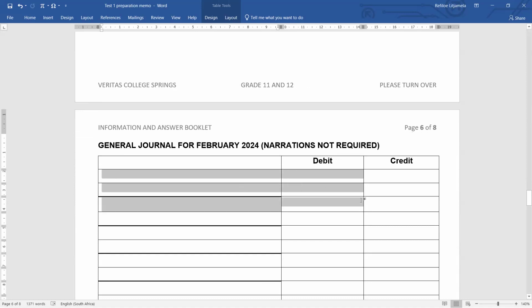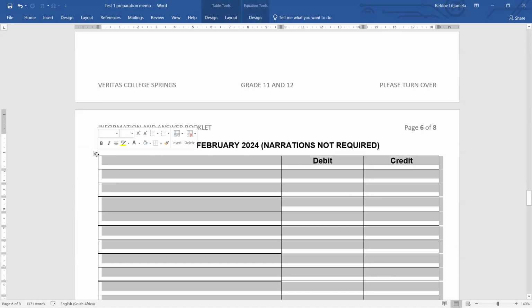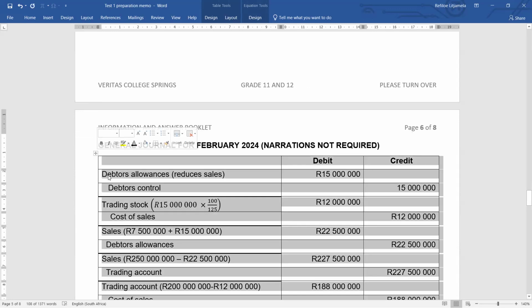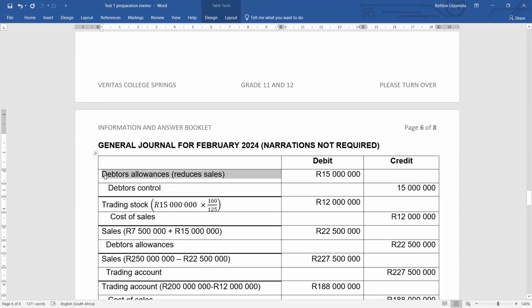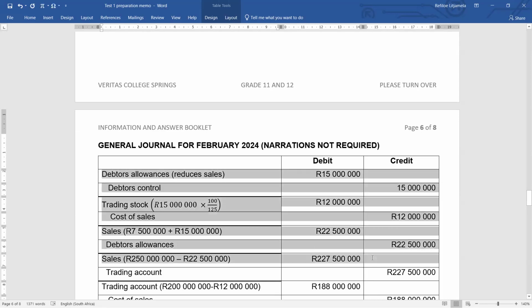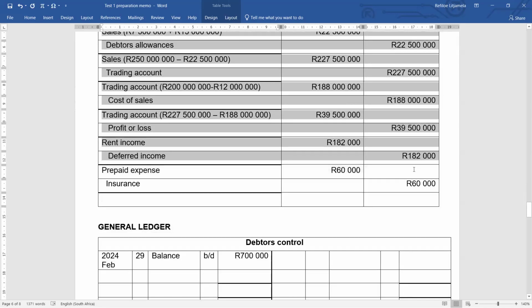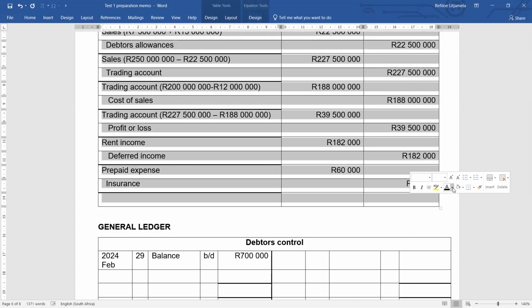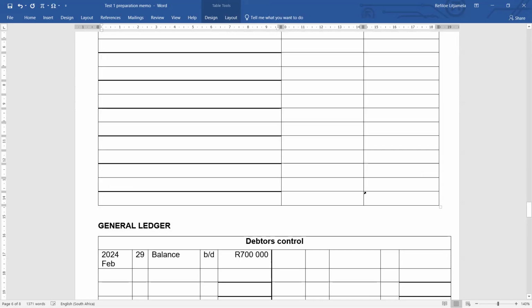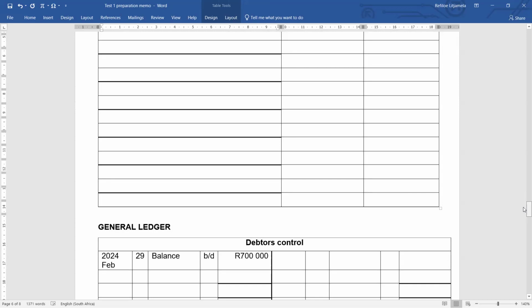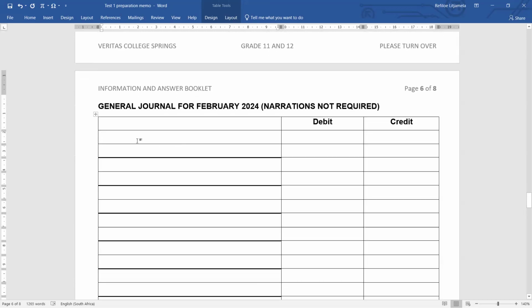The first one will be sales. Two accounts affected, guys.